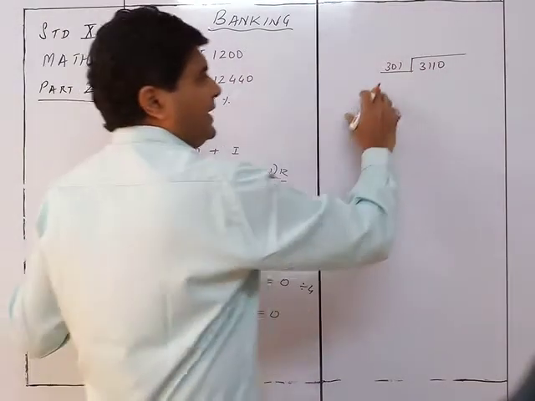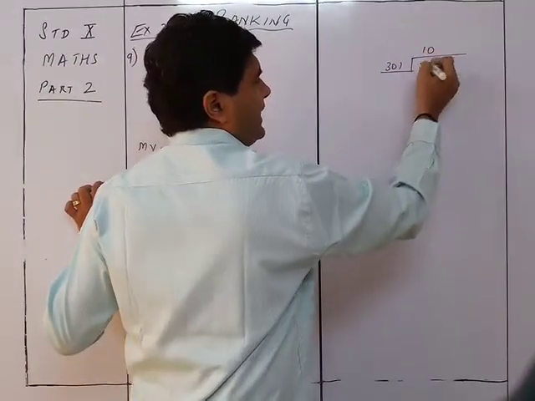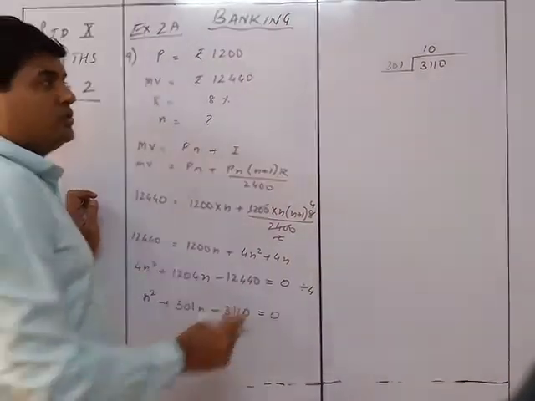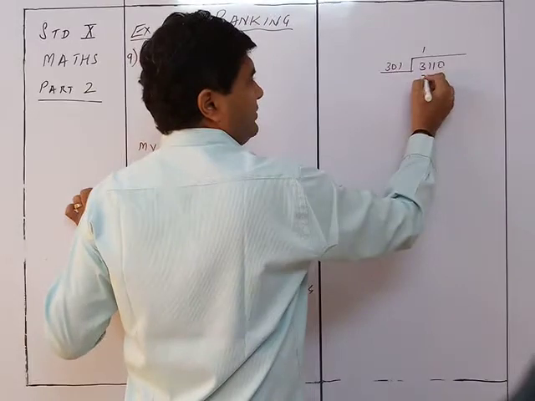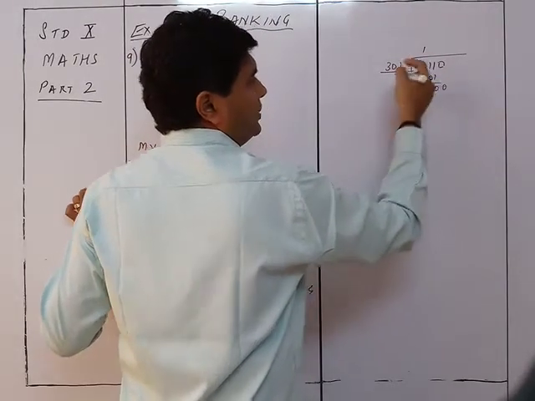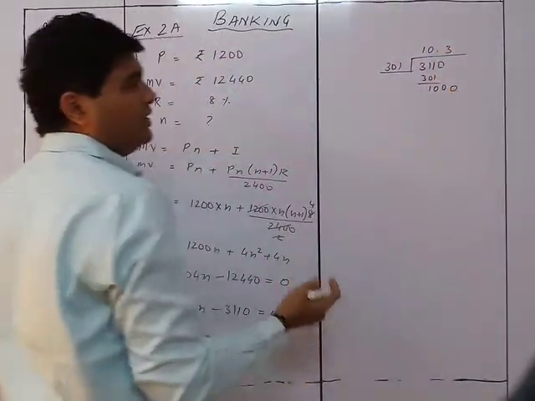So approximately, if I see this thing, the answer will come around 10. Okay, because it will be 301 and then it will be 3110, so around 10.